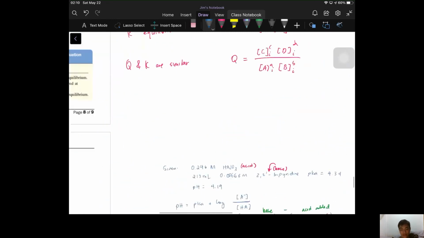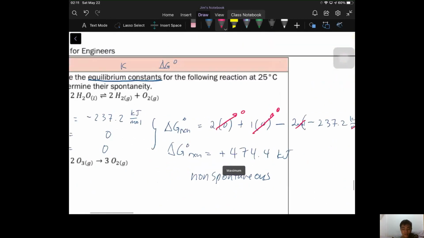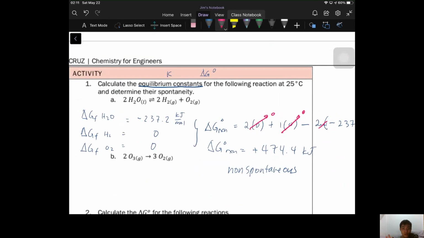Okay. Ganito. Balik tayo dito sa table natin. If we have a positive delta G, the K is less than 1. Okay? So, ibig sabihin kapag positive yung delta G mo, less than 1 yung K. Ano meaning nun? Reactants are favored over the products. Ibig sabihin, hindi siya mag-form ng products. Okay? Kaya nga sabi ko sa inyo, hindi ito nangyayari normally.